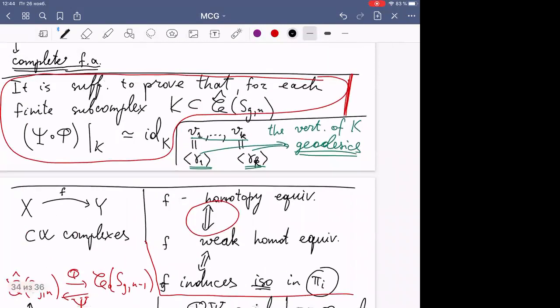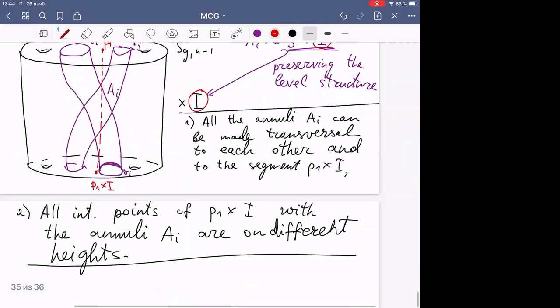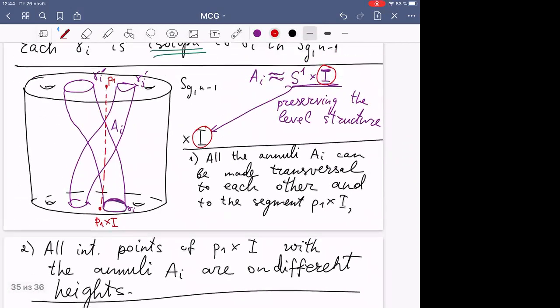The matter is that this K, of course, is not supposed to be a simplex. It is just some subcomplex. So it is allowed that several of its vertices may not be connected by edges, and actually we have a rather complicated picture here.